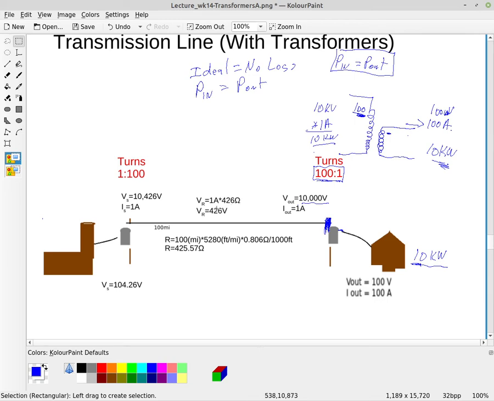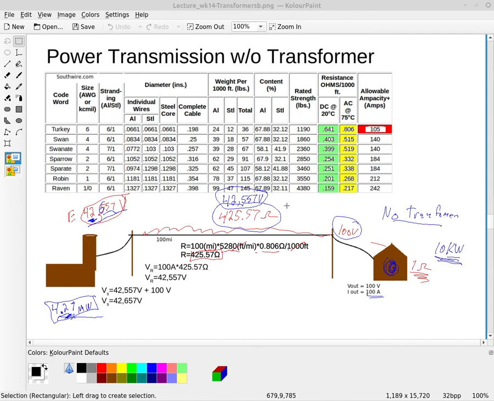See, before, if we look at our previous calculation, to have 100 volts here at my house, they were supplying 42,000 volts, because they were supplying 100 amps.